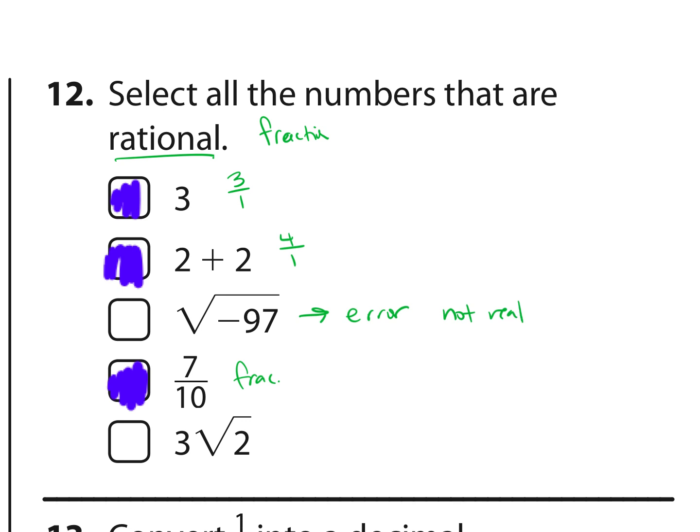So it's definitely not rational. And then 3 square root of 2 is going to give you some type of decimal, such as this one. This one is actually 4.24264... It keeps on going on forever, but it is not repeating and not ending, not terminating. So that's why these two choices don't work.